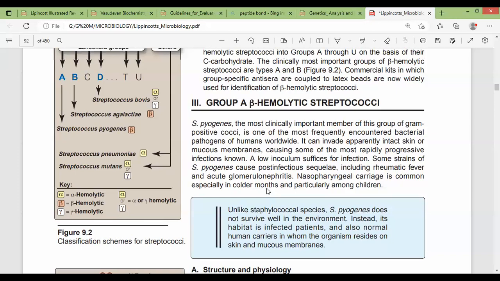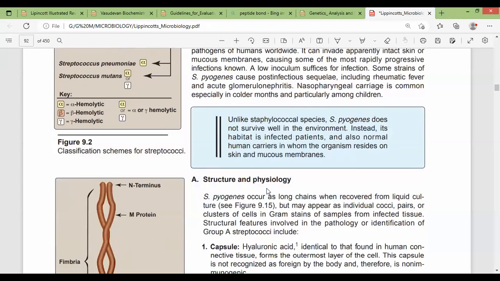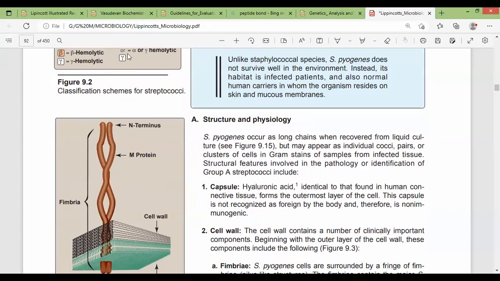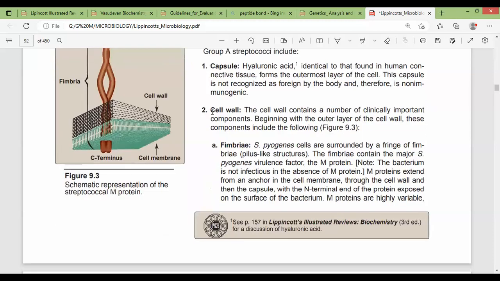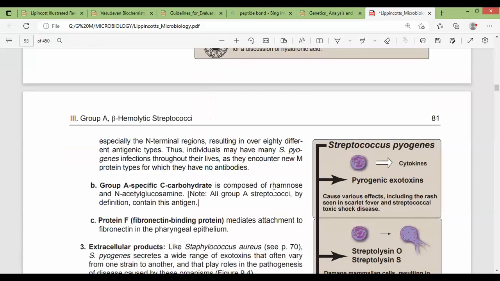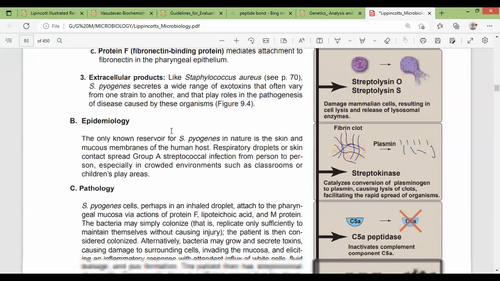That thing that causes pharyngitis, a sore throat, is the same thing that does cause necrotizing fasciitis, the flesh-eating bacteria. I just want us to look at this M protein, because this M protein is what we will see being implicated in terms of rheumatic heart disease, right?